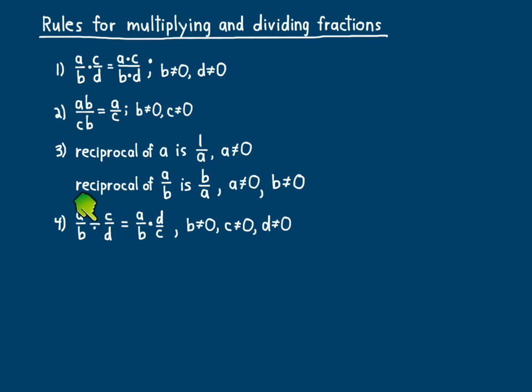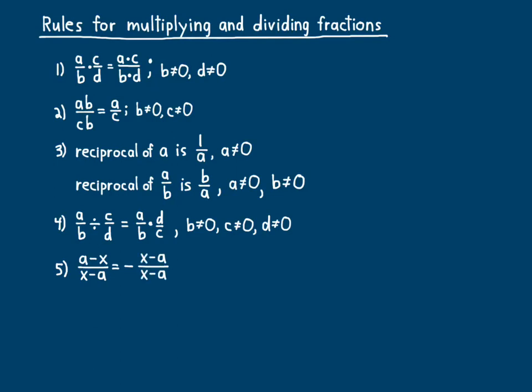Dividing by c over d is the same as multiplying by d over c. Okay, so you need to know that rule. And here, none of these denominators can be 0. So b's not 0, c's not 0, but also d's not 0, because of this one. So only a can be 0, because you can have 0 in the numerator, no problem. It just gives you 0.